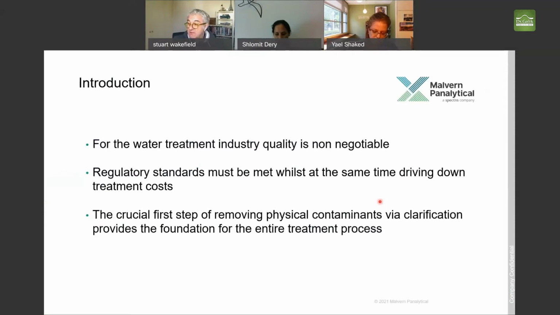As a result, typically the water treatment industries spend more than they perhaps need to meet these quality requirements. But at the same time as meeting these regulatory standards, they also have to try and drive down the costs. We can't just keep providing overkill in terms of too much chemical just to make sure we're okay.